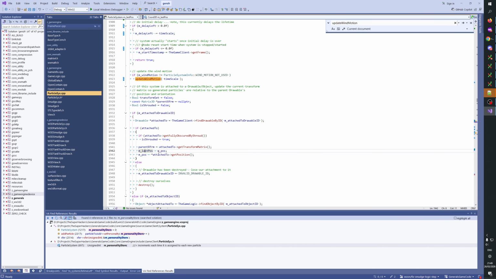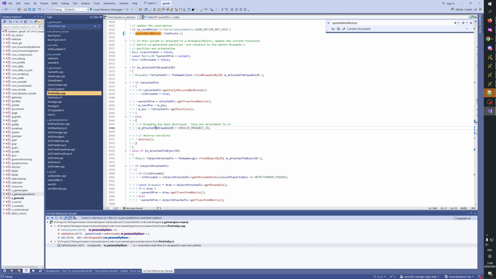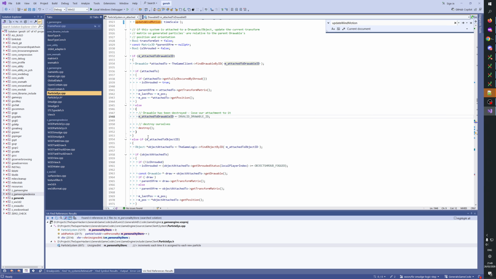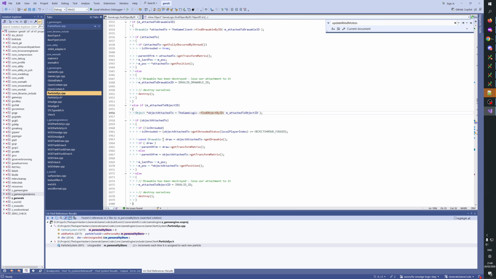Position, last position. Okay. I think that's fine. Attach to driver ID. Attach to object ID. Okay. Is shrouded. Get shroud status.